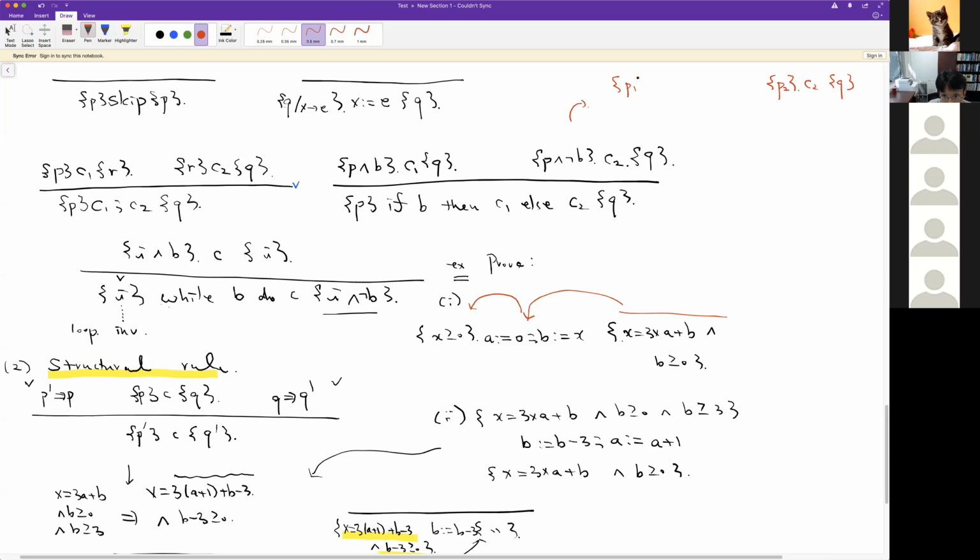So we run C1 backward with respect to post condition Q, obtaining P1. Run C2 backward with respect to Q, so that we obtain P2. Then we combine them together.